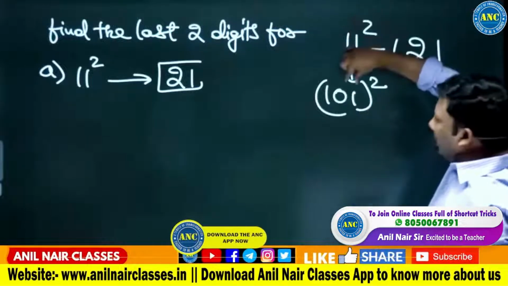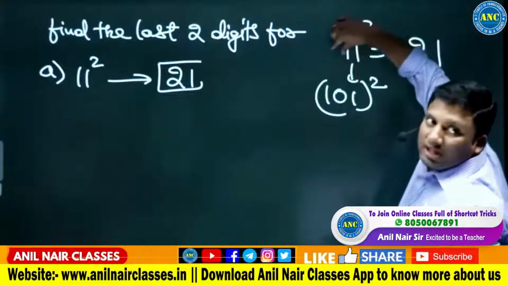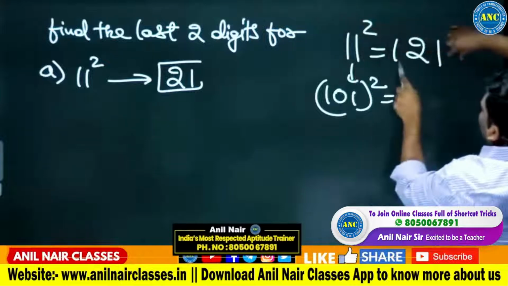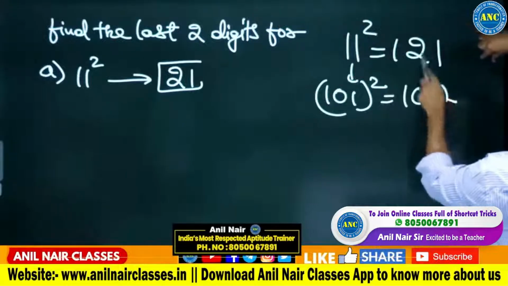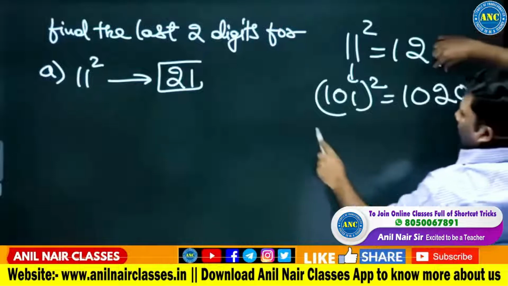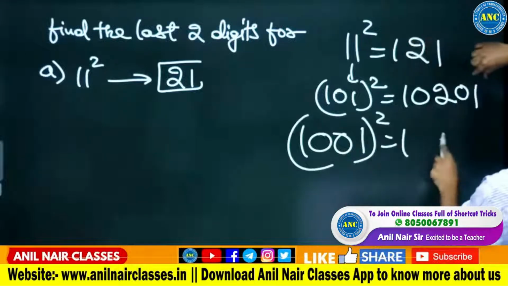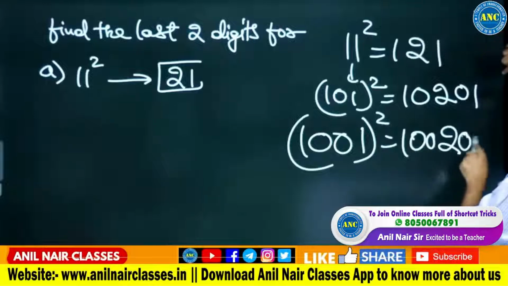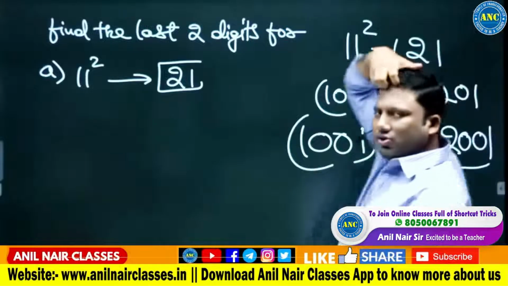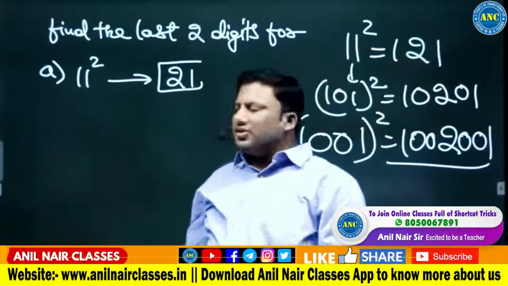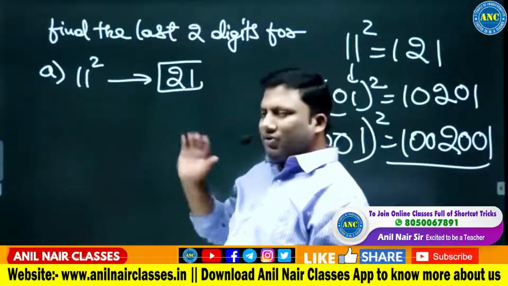Between the 2 ones, I kept a 0. Between 2 digits, I kept 2 zeros. Very, very simple way to solve. 11 square is 121, so the last two digits are 21.